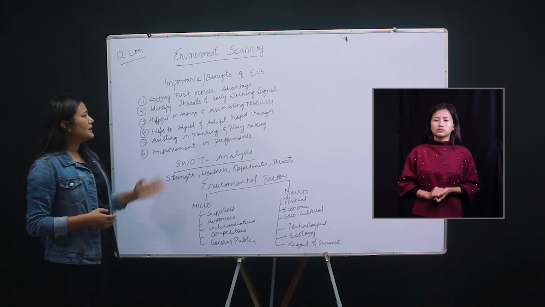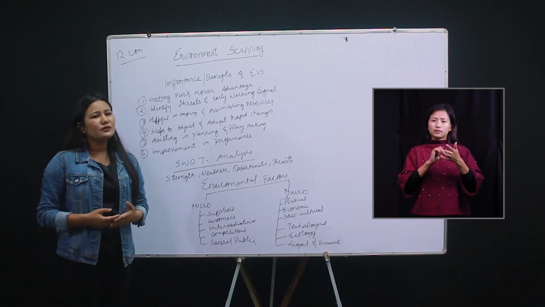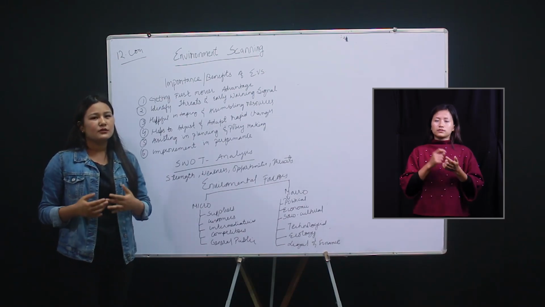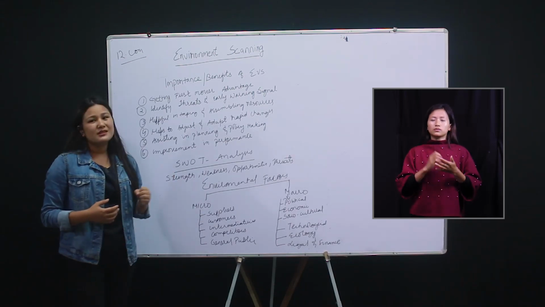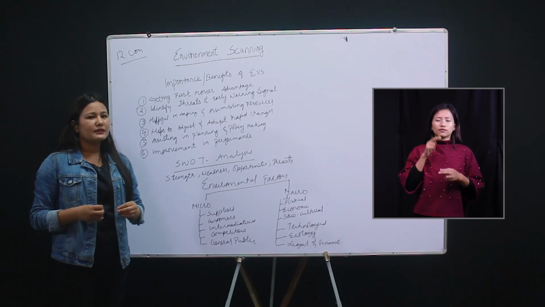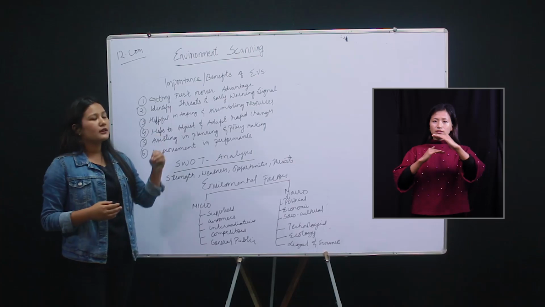Next is helping in tapping and assembling resources. As we all know, resources are limited in the environment, especially in a socialist economy like ours. So if we scan the environment at a very early stage, we get resources.